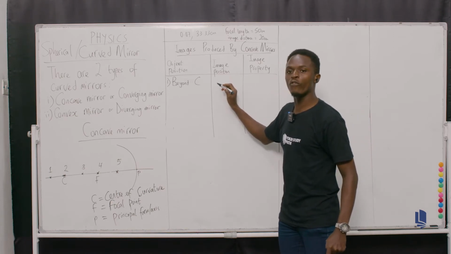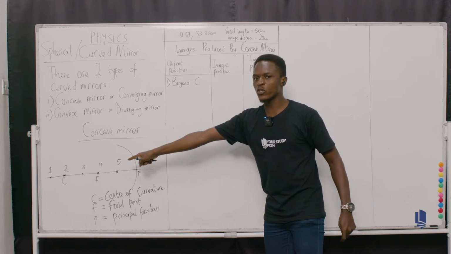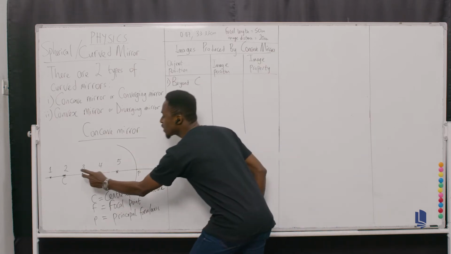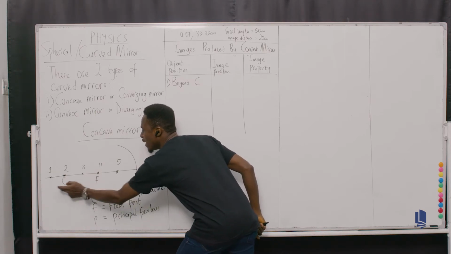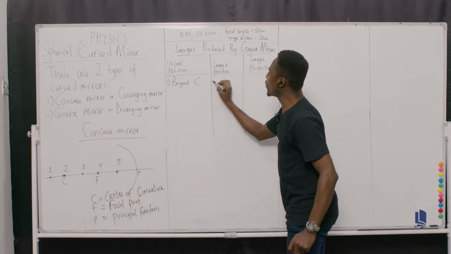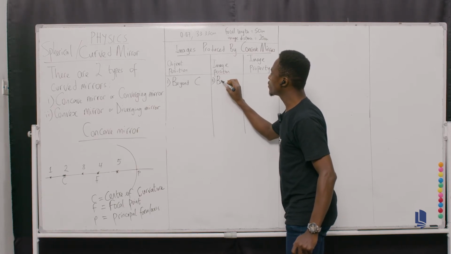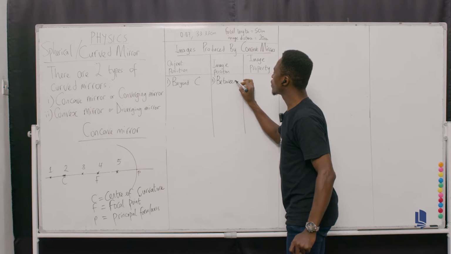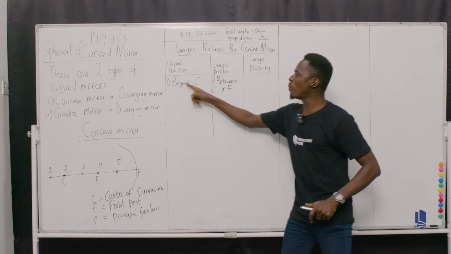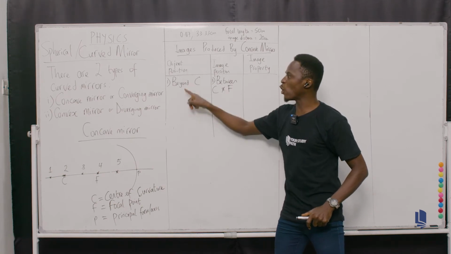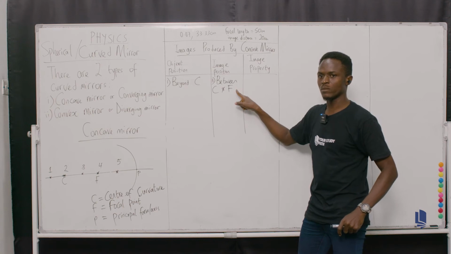The image will be formed at number 3 position. Number 3 position is between which alphabet and which alphabet? C and F. Number 1 position of the object produces an image at number 3 position.